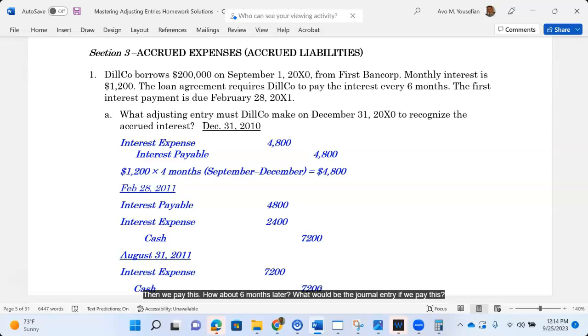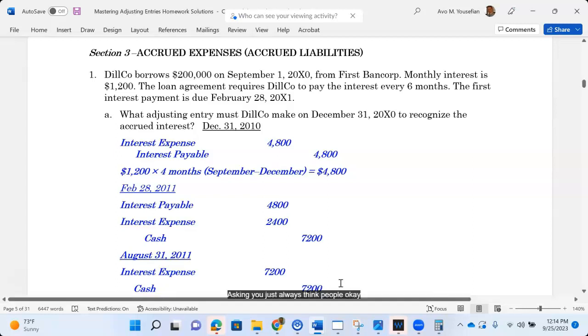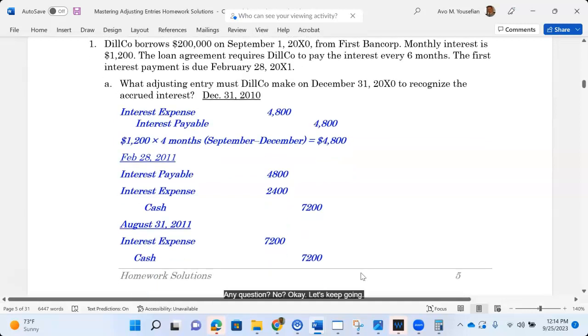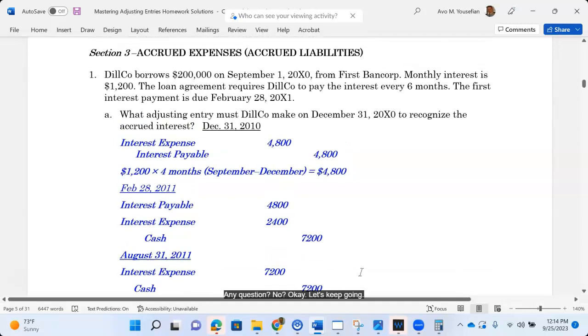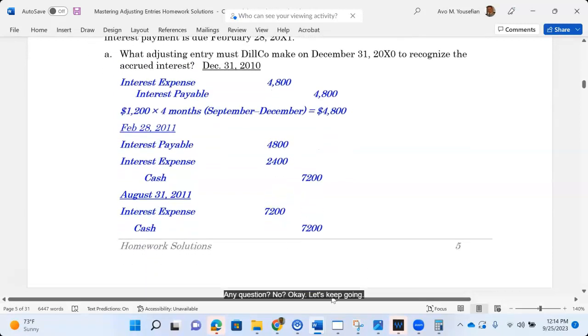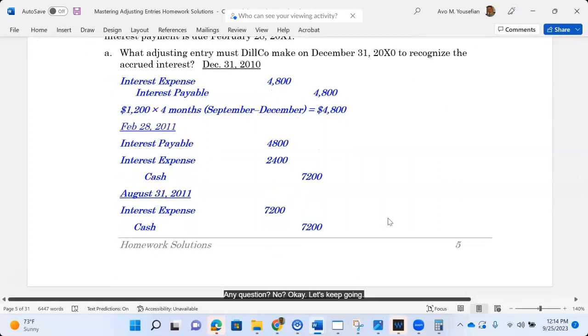How about 6 months later? What would be the journal entry if we pay this? So always be proactive. Don't go with the minimum, just the questions asking you. Just always think deeper, okay? Any question? No? Okay. Let's keep going.